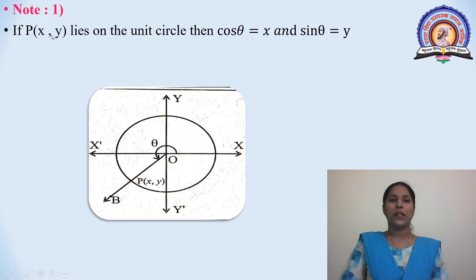Here P of xy lies on the unit circle, then cos theta is equal to x and sin theta is equal to y. Here unit circle means a circle with radius 1. Then P of xy is equivalent to P of cos theta, sin theta.